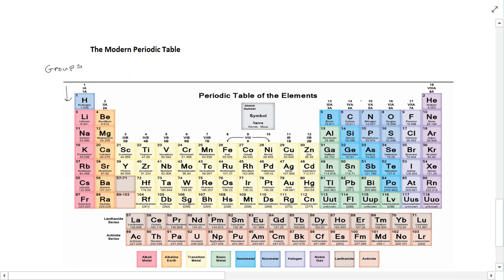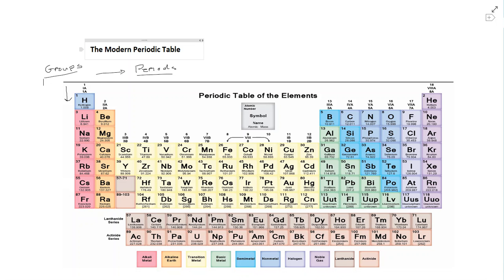Okay, and when we are moving across the periodic table, these are known as periods. Okay, so periods and groups.